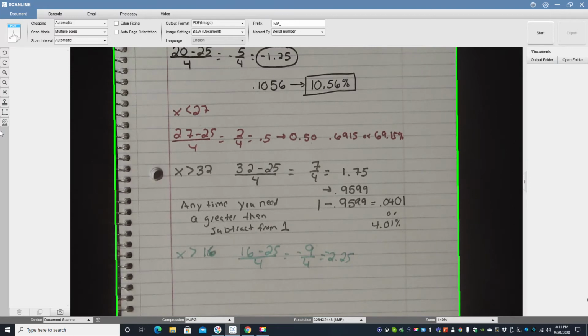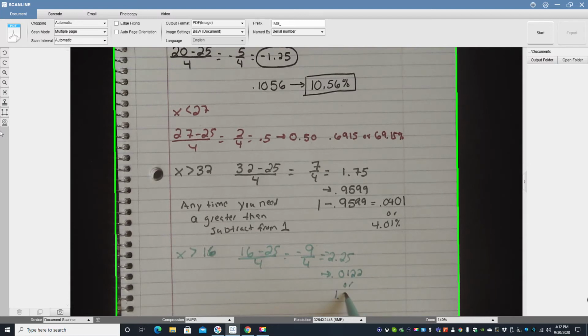Okay, so I look at my chart, and at this point, you guys can go ahead and print out your own charts and look at it. It's negative 2.25, so it would give me 0.0122.